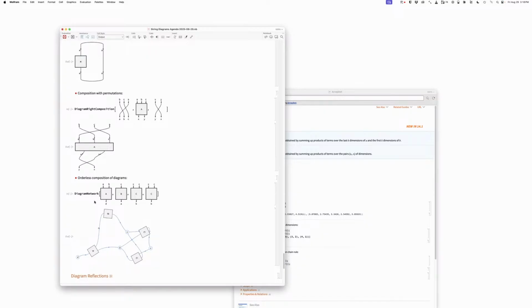It's like a copy connector, which can copy. If a port is used more than twice, it will create that. This diagram network is what's being used by the Lambda diagrams, because they have those copies in them.